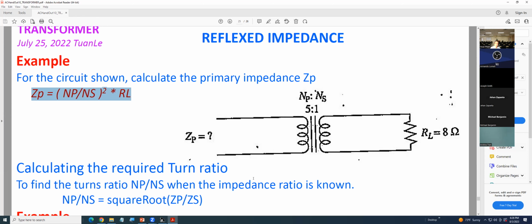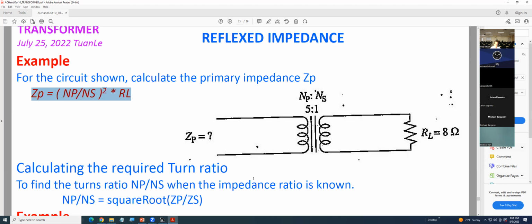So we have 2 days for the IF. 1 day will be August 10. The second day will be August 24. We have nothing to do with the IF.